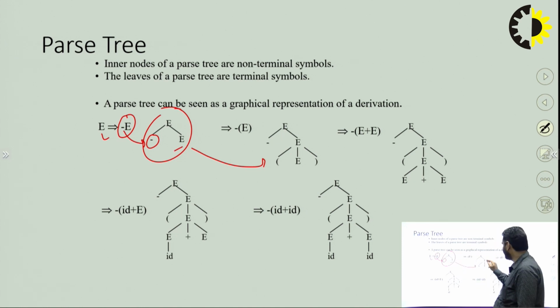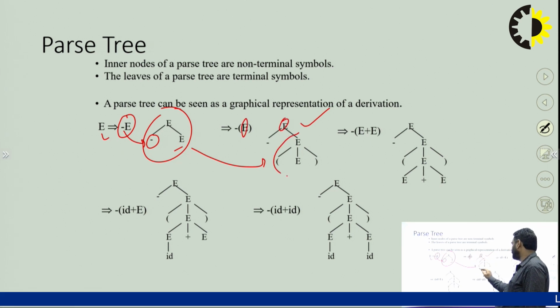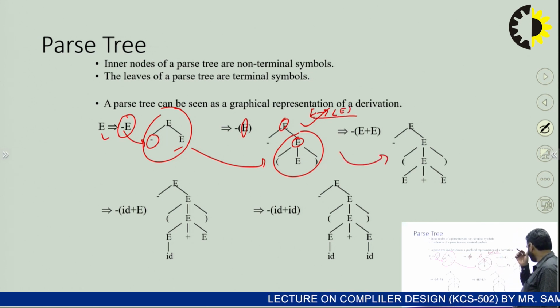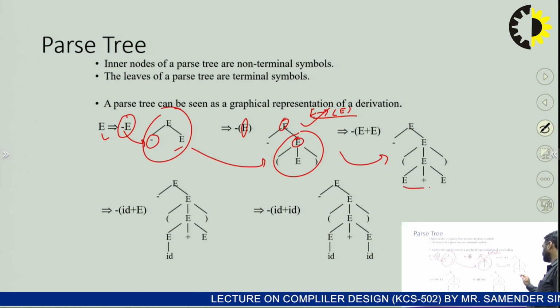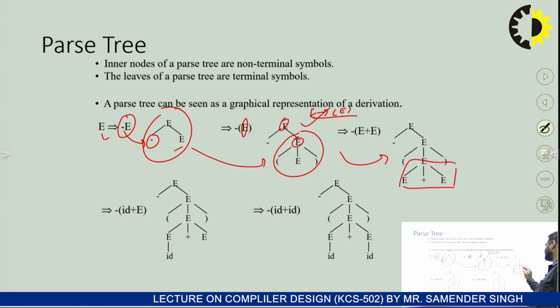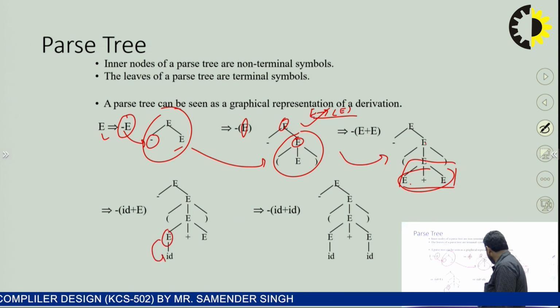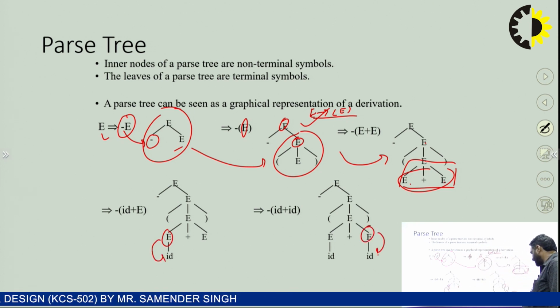In the first step, we convert this E into this one, by means of this production rule. In the same manner, we have the next replacement, where this E is converted into E plus E. Then this is converted into ID, and finally this is ID.